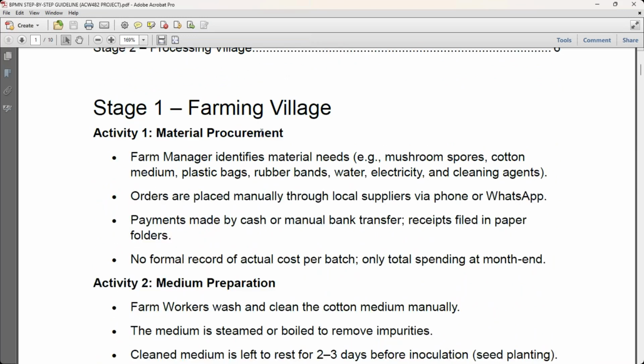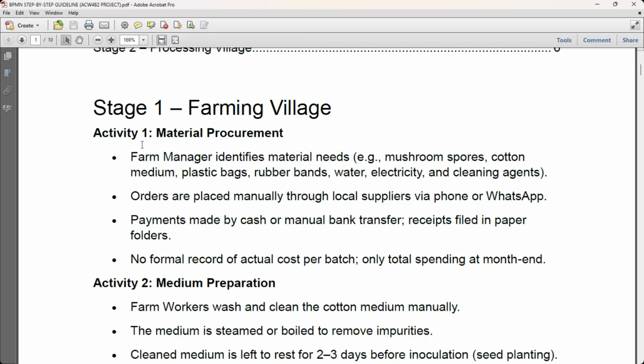In the farming village's production cycle, you start with material procurement. You might even start with planning, planning and scheduling of the production. But since they have already walked through the farming process, they don't have to plan anymore. They know what to do already. Straight away in their process, they start with material procurement.